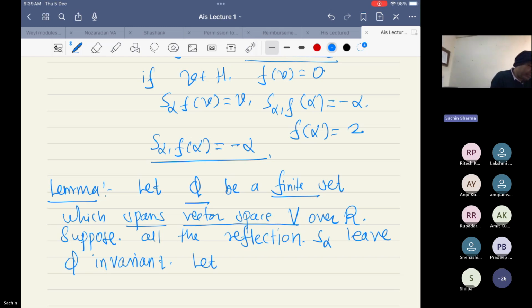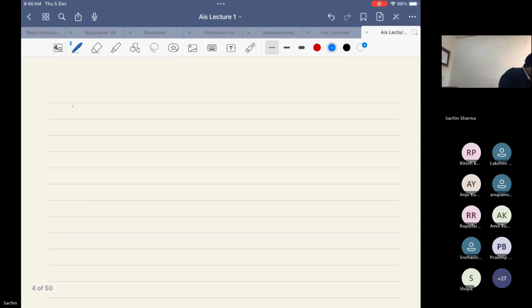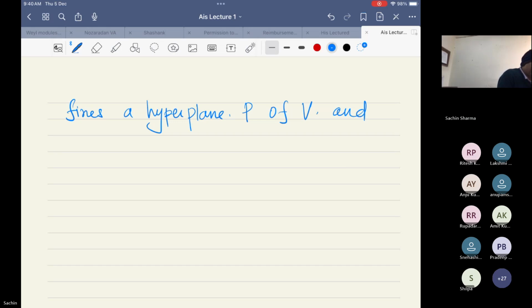Let sigma belong to GL(V), the invertible transformations of V, with the property that sigma of phi is equal to phi, and sigma fixes a hyperplane of V pointwise and sends some non-zero vector alpha of phi to its negative.